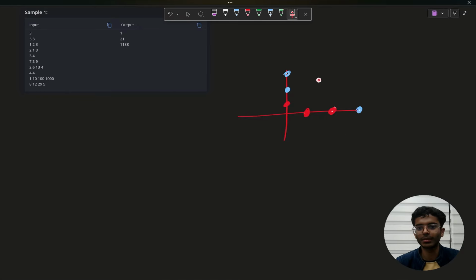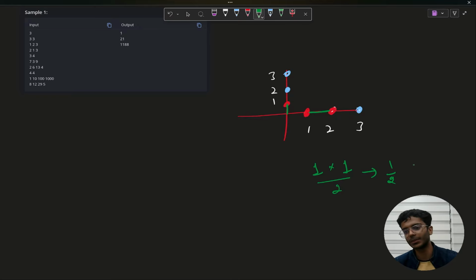Now what is the maximum area with the red ones? If we make a triangle of these red points, that would be 2 minus 1, which is 1, into this height, which is also 1, by 2, which turns out to be 1 by 2.